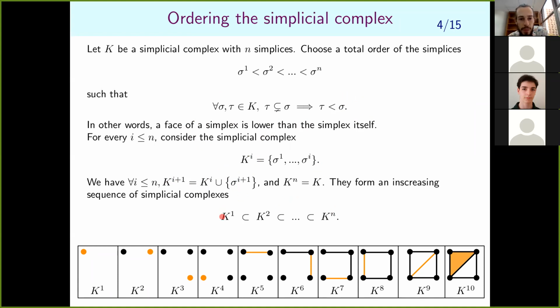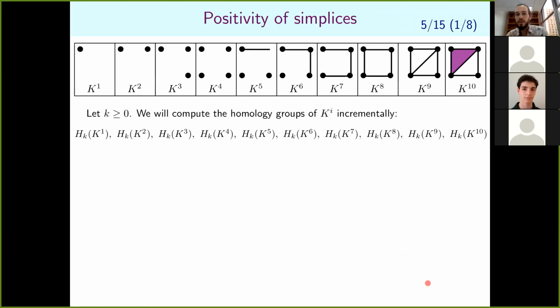So we have this sequence of simplicial complexes, where the first one consists of simply one vertex, and the last one is my whole simplicial complex K. And the incremental algorithm we will use consists in finding the homology of each of these simplicial complexes.